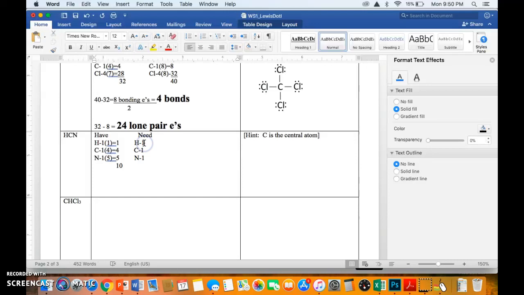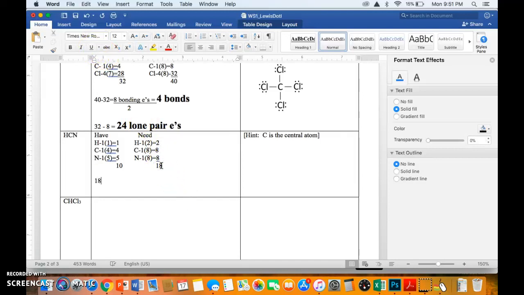Hopefully you're thinking 8, except hydrogen, which only needs 2. 1 times 2 is 2. Carbon needs 8. 1 times 8 is 8. And nitrogen needs 8, 1 times 8 is 8. 2 plus 8 plus 8 is 18. So there is my need.